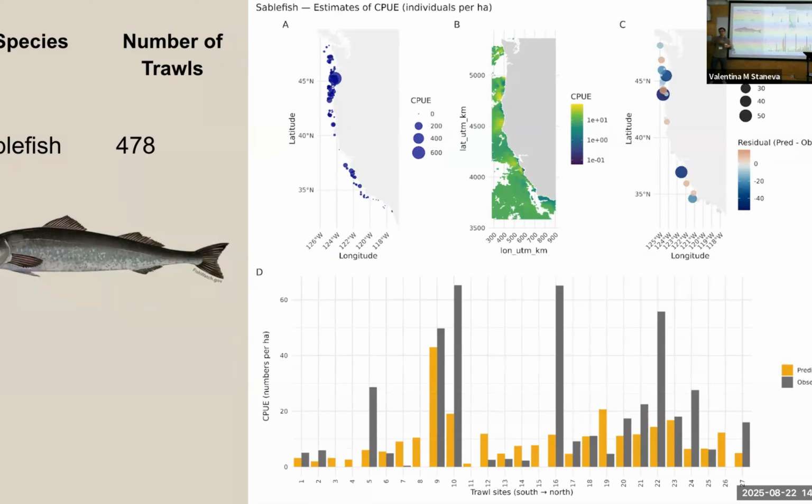That was used to train the model on the relationship between PACE variables and the number of individuals that we were catching. And then you can use that model fitting to predict on a new day.